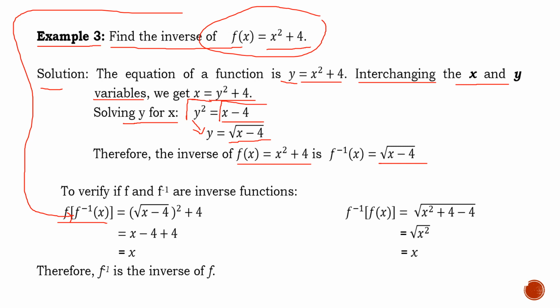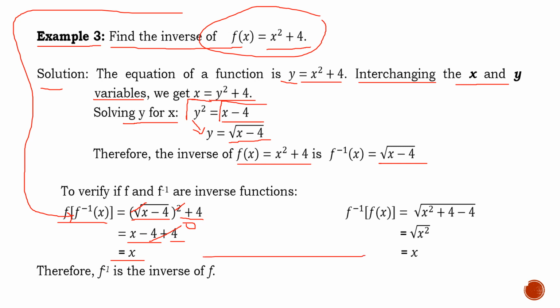So it becomes square root of x minus 4 squared plus 4 from your original function, then square root and your square here will be cancelled out. That's why it's x minus 4 plus 4 here. So x minus 4 plus 4, since negative 4 plus 4 is equal to 0, then your resulting value now is equal to x.